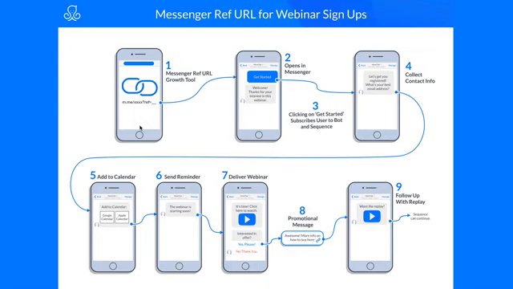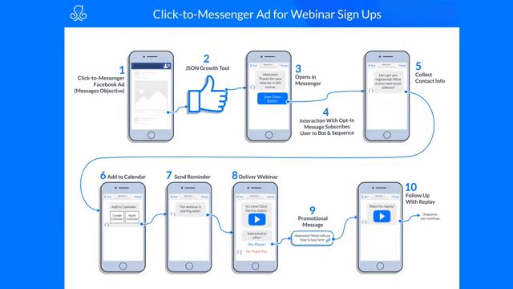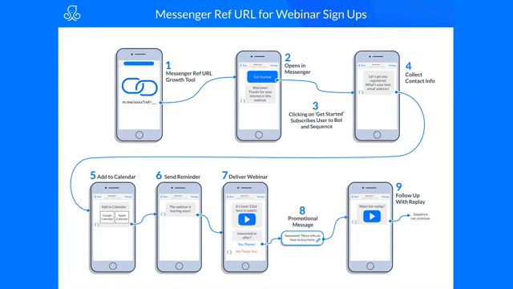Maybe you're on someone else's webinar or podcast, and you want to tell people that they can register for this webinar. Maybe you're making a call to action in a blog post. Maybe it's a blog post on your site or someone else's site, right? The ref URL is the most flexible growth tool because you can literally put it anywhere other than inside of a Facebook ad. And that's what the JSON growth tool is.